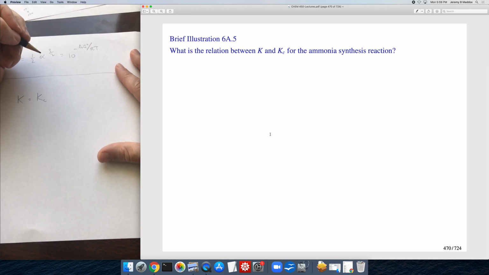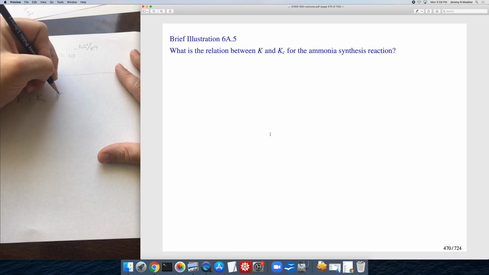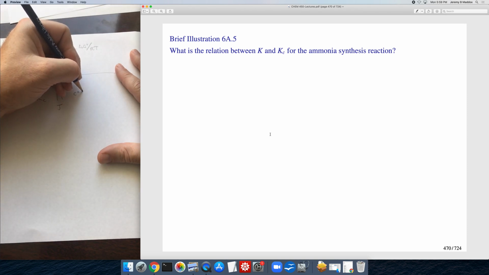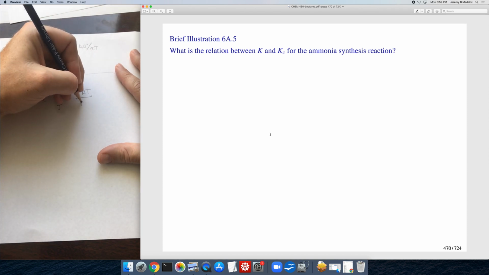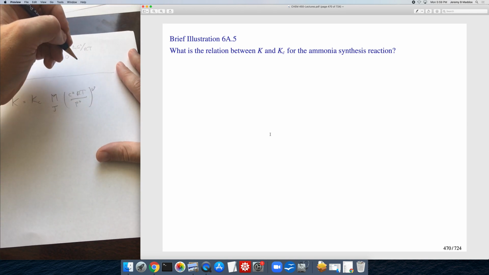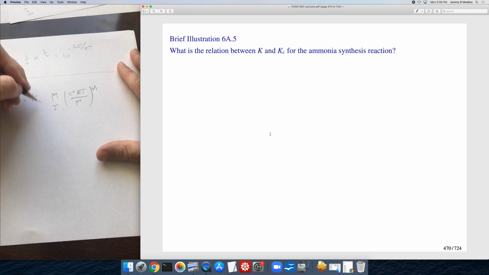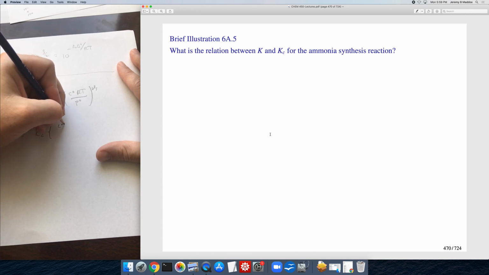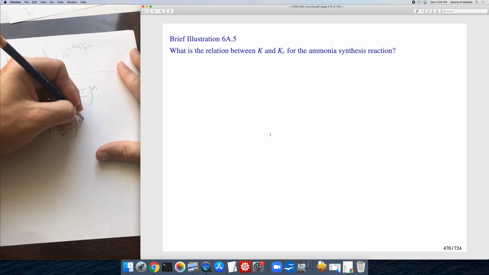It's really just a bunch of unit conversions, and so you wind up with this expression here. I should have gone one step further: Kc times C0 RT over P0 to the delta nu.